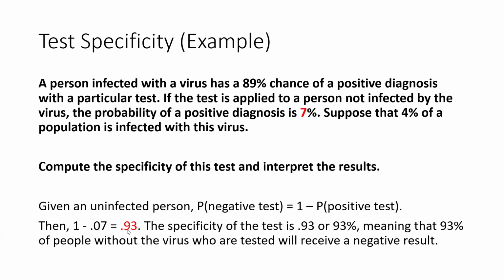So 1 minus 0.07 is 0.93. So therefore, the specificity of the test is 0.93 or 93%, meaning that 93% of people without the virus who are tested will receive a negative result. All right, so that's just a quick look at test specificity.